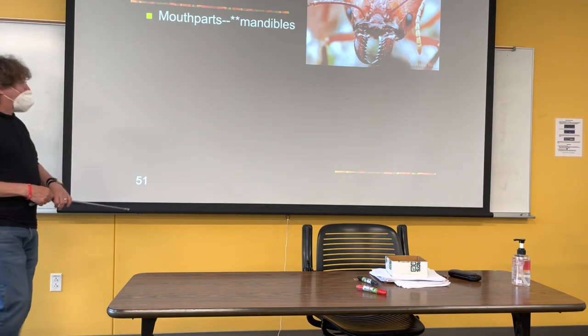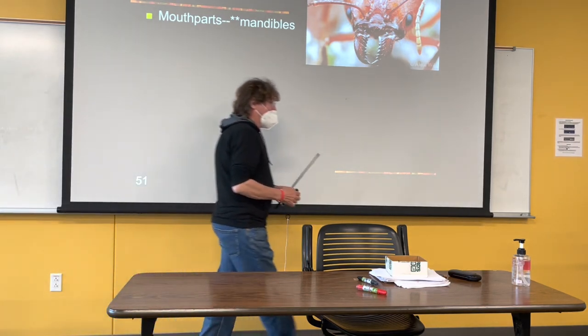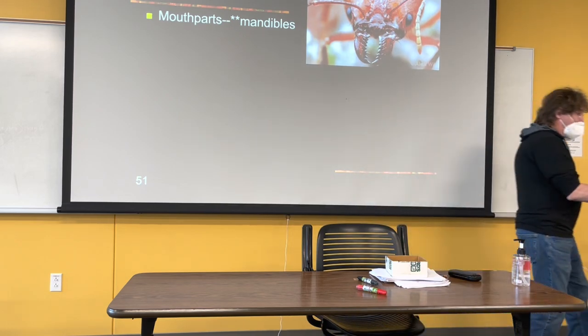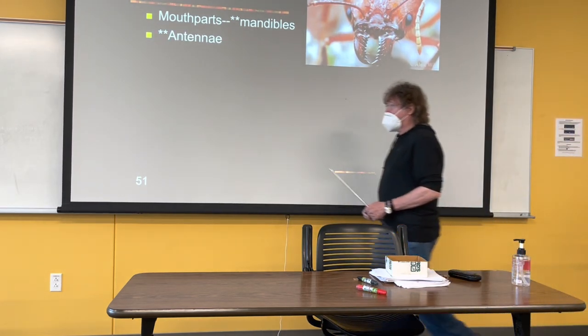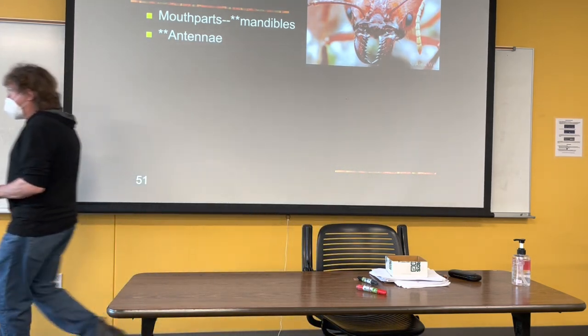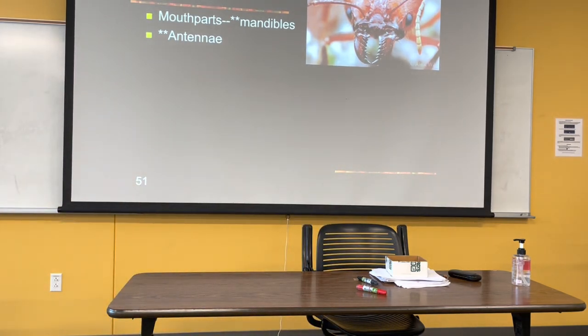Furthermore, there's other mouth parts. I'm putting mandibles here. There's a major one, but behind the mandibles they also have another pair of mouth parts called maxillae. In fact, they have an unpaired labrum, which closes the oral cavity in front, but we believe that it comes from fused appendages.